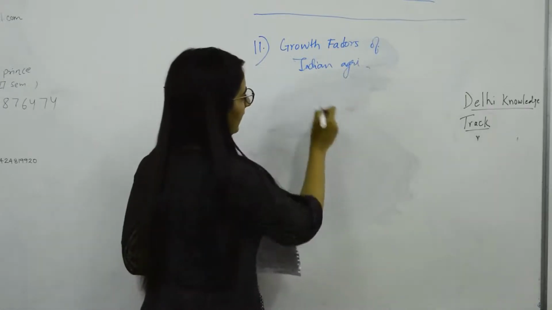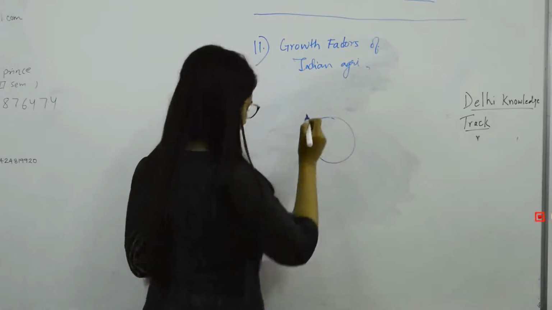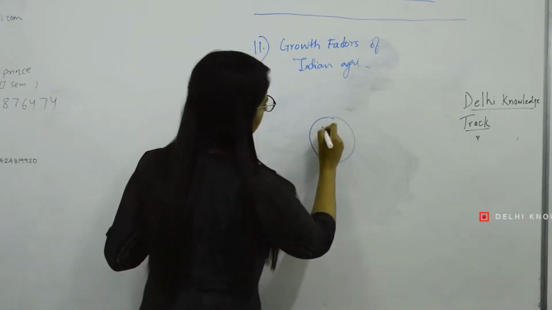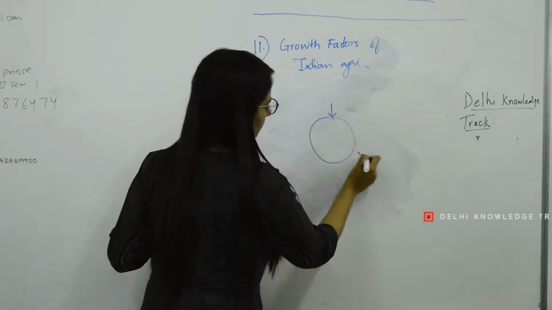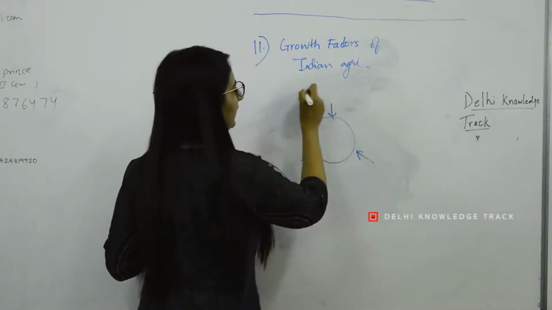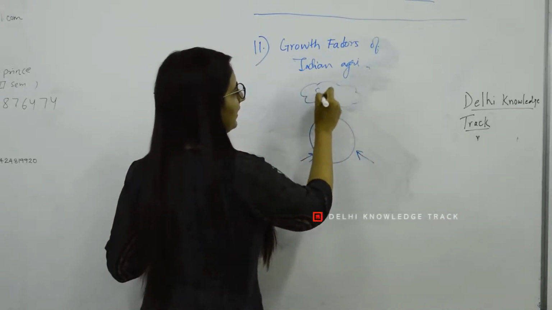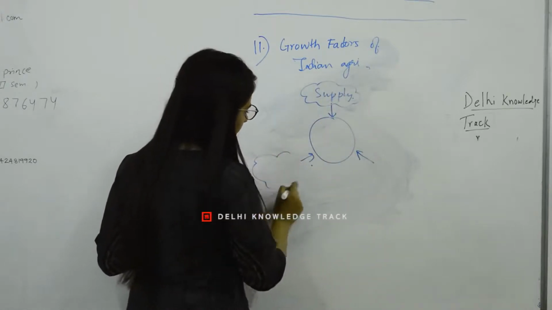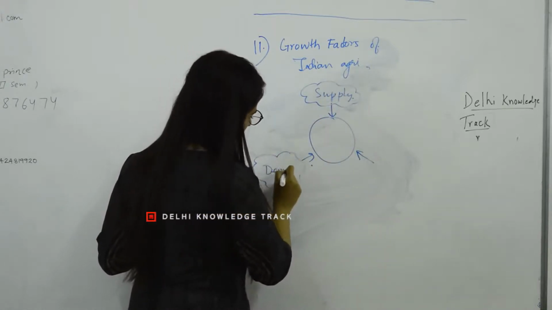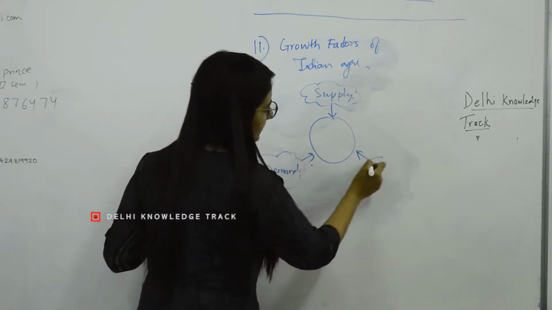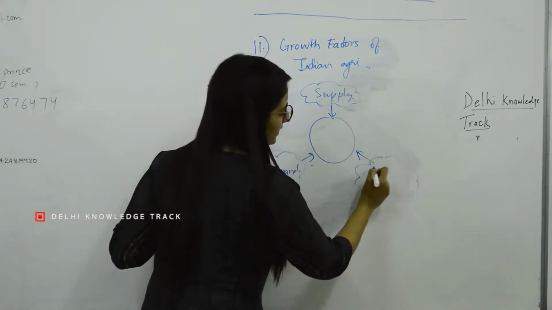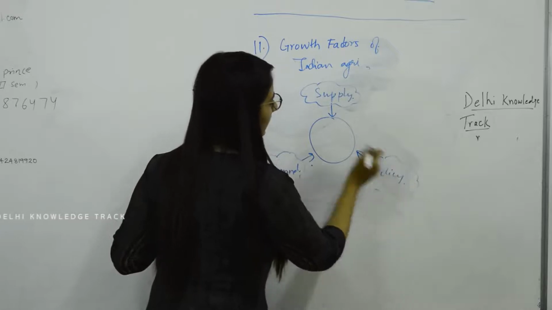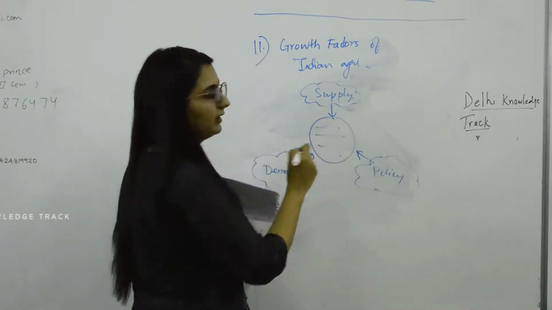So how we can write it? We can write here, there are 3 factors that lead to good agriculture. One is the supply side, one is the demand side, and one is the, let's say, policy level things which have to be done. And here I will write growth factors of Indian agriculture.